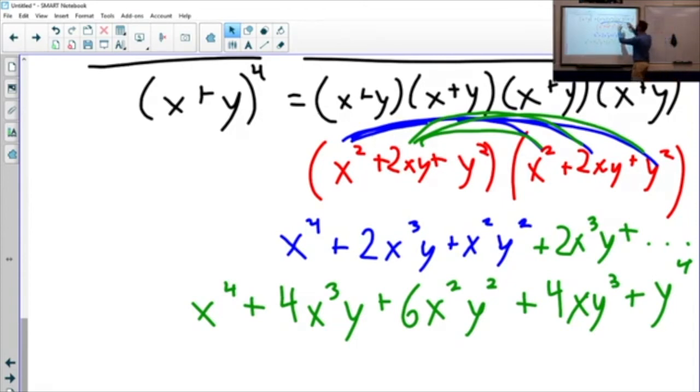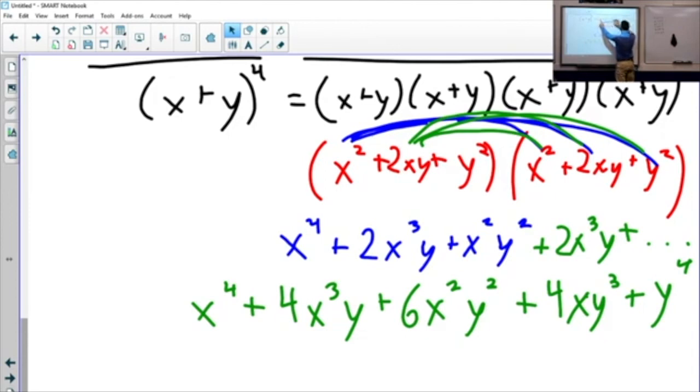Well, I have x times x times x times x. So I'm multiplying, I'm picking 4 of the x's to multiply together. The only term that does that is that 1x to the 4th term where I take x times x times x times x. For the x cubed y terms, those come from, well, I could have x times x times x times y.